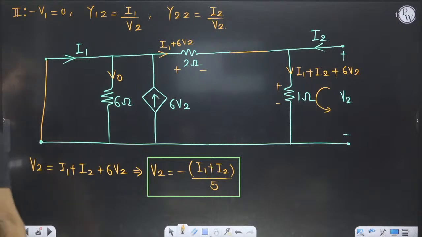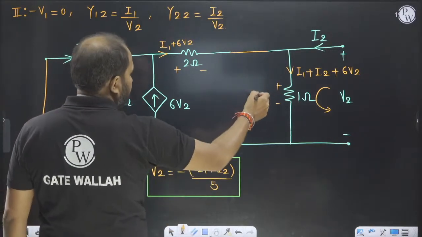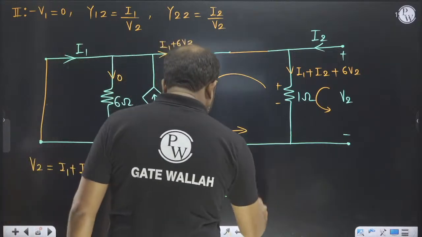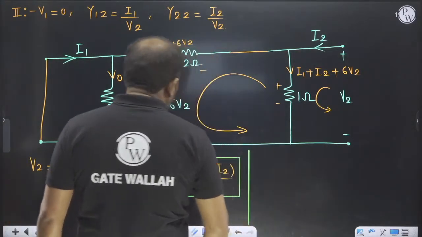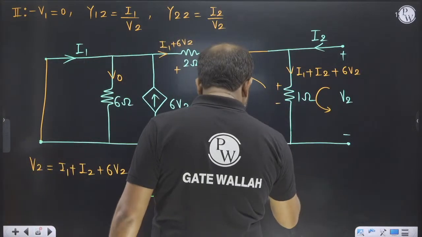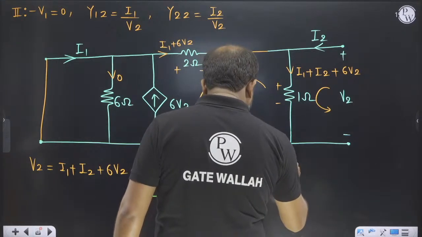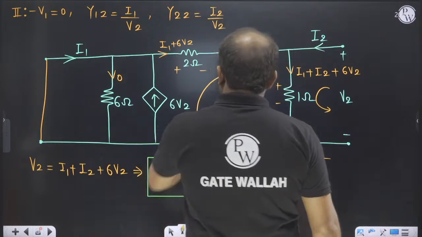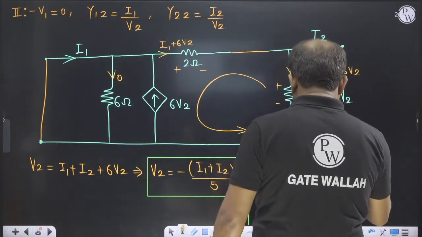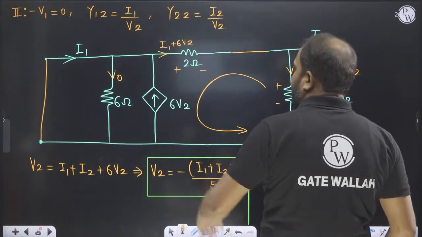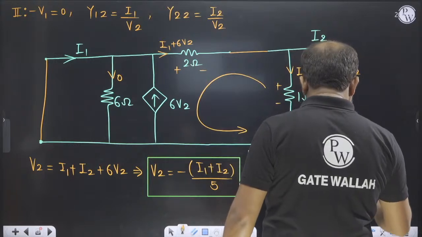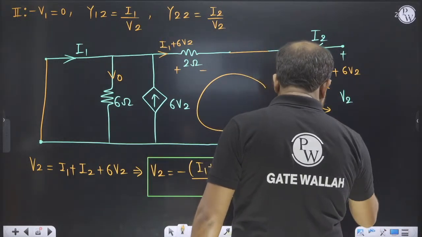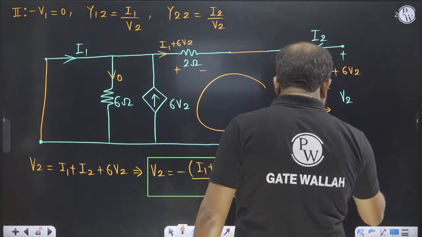Then we will apply KVL here. In this case, this one goes minus to plus I1 plus I2 plus 6V2, and this one is minus to plus 2 I2 and 6V2.